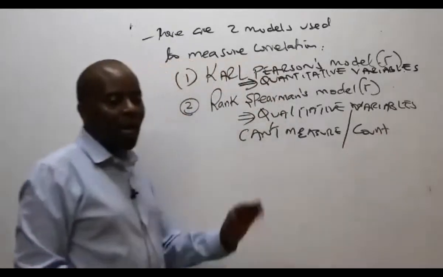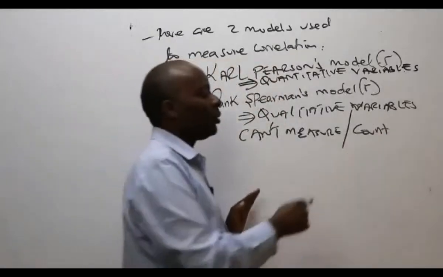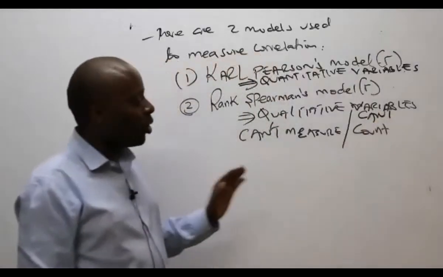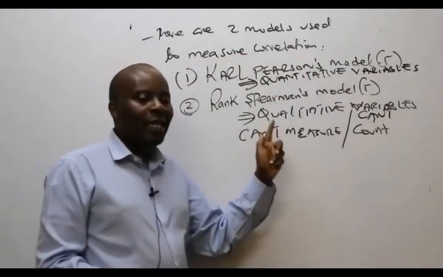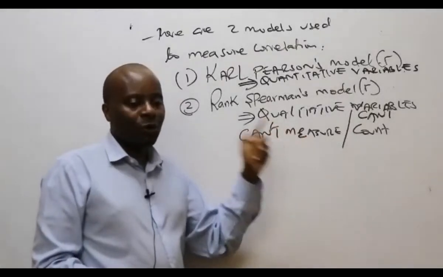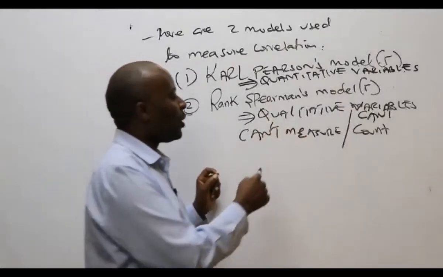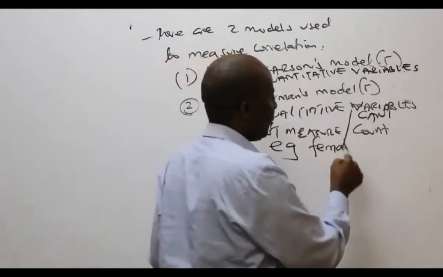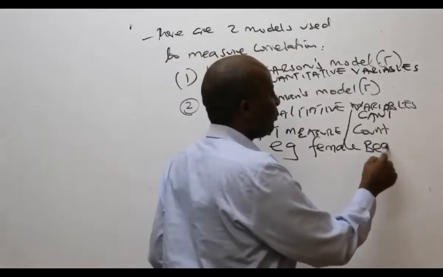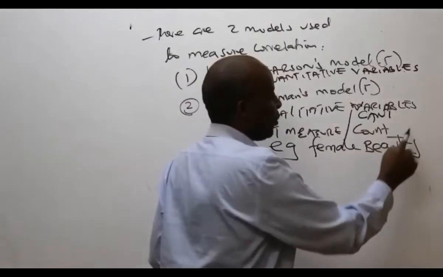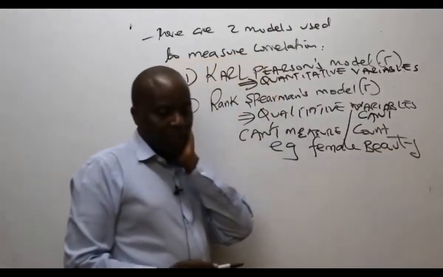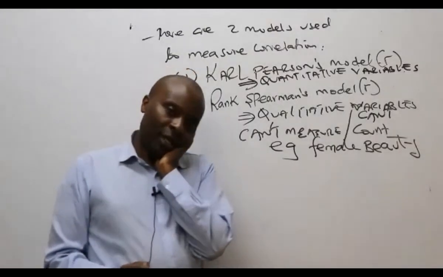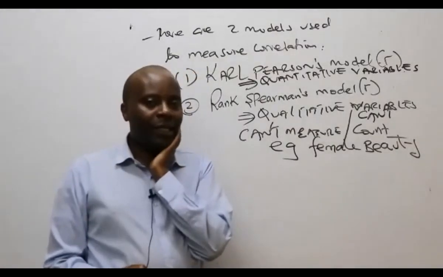A very good example of a qualitative variable is female beauty. There is no way you'll be able to measure how beautiful a lady is.